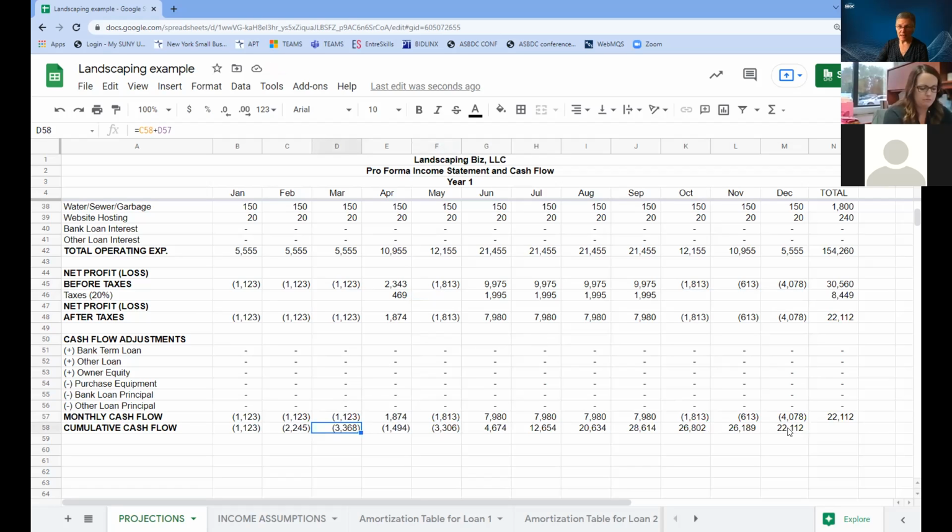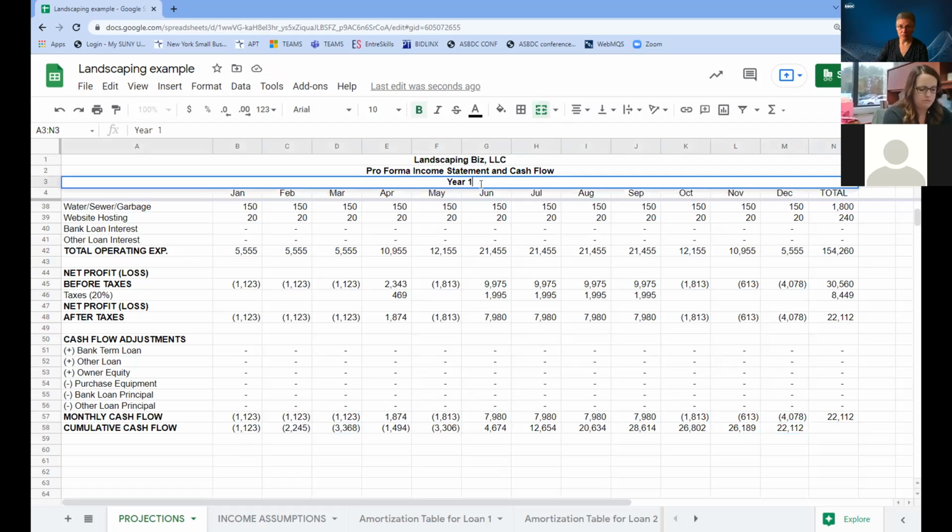So if you see at the end of the year, they managed to pay all their expenses, pay all their people, and they made an extra 22,000 for the year. So that would go into their bank account from January 1st. So assuming that this is not year one, I'm just going to take that off.